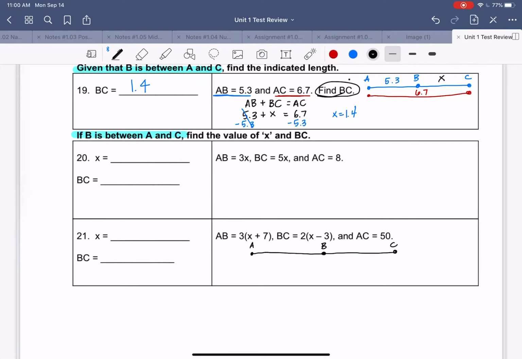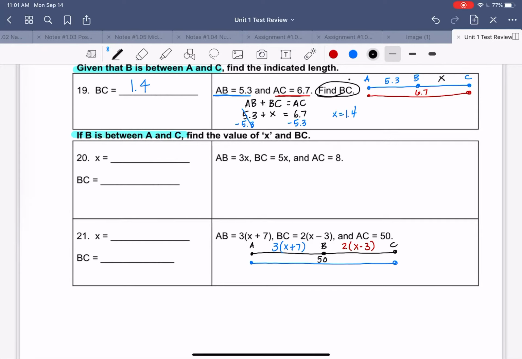Okay, it says that AB is 3 times X plus 7. And BC is 2 times X minus 3. And then AC, the whole segment, equals 50.